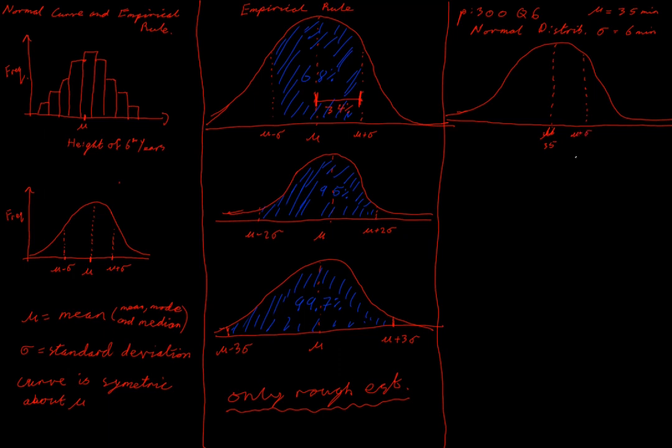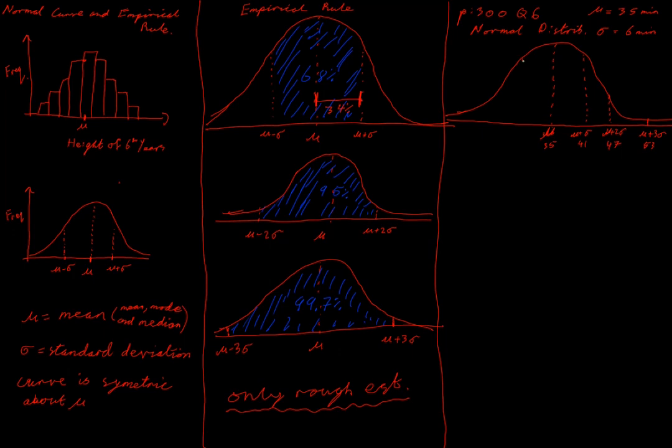That's 35 plus 6, which is 41 minutes. The mean plus 2 standard deviations is 41 plus 6, which is 47 minutes. And the mean plus 3 standard deviations is 47 plus 6, which is 53 minutes.